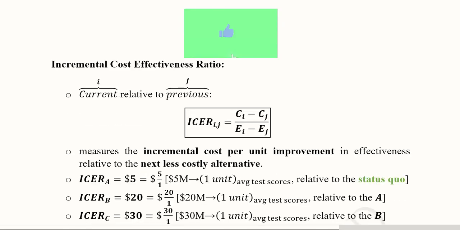In addition to the CER, we have a similar ratio which is quite useful, and it can help us to compare various alternatives and see how an increment can benefit the overall situation.